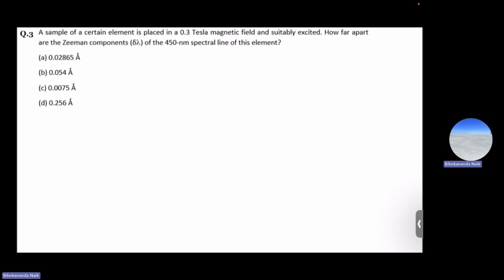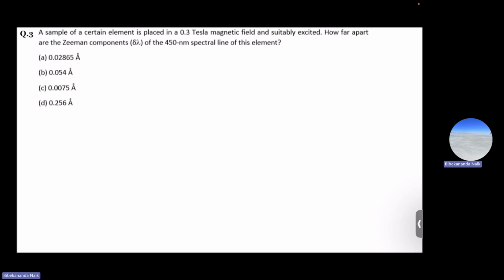Now we'll move to question number 3. Question number 3 says a sample of a certain element is placed in a 0.3 Tesla magnetic field and it is suitably excited. How far apart are the Zeeman components, that is delta lambda, of the 450 nanometer spectral line of this element?